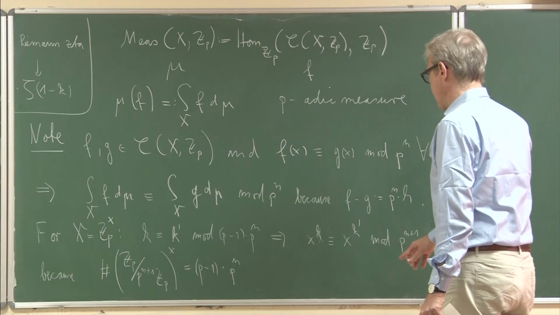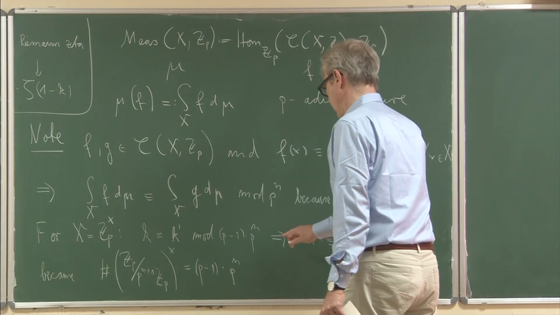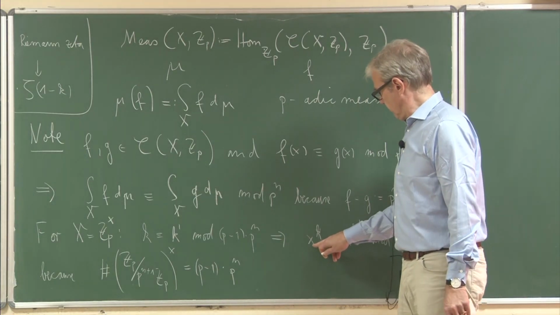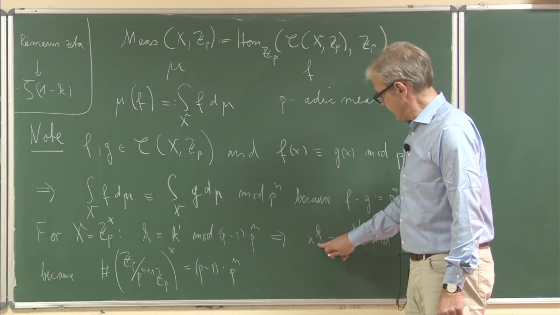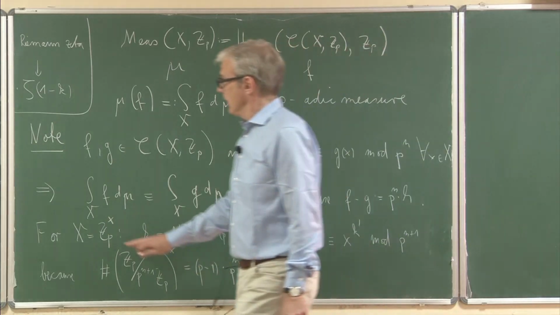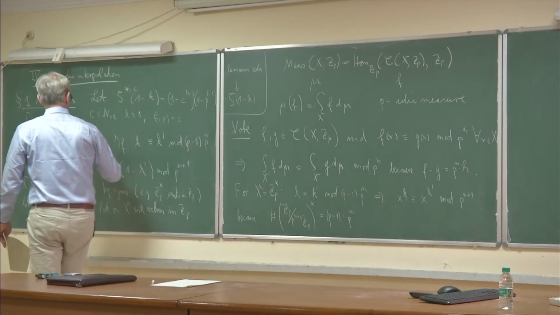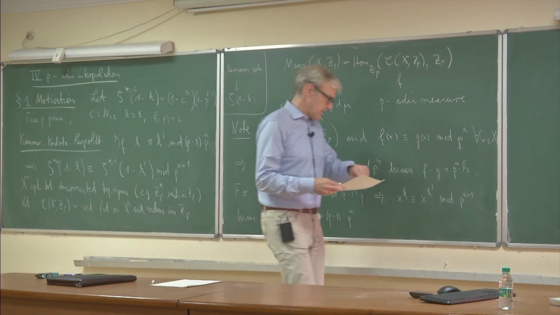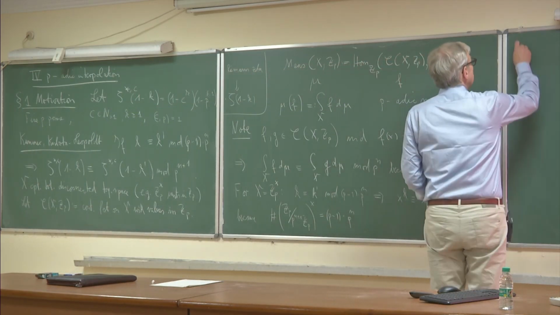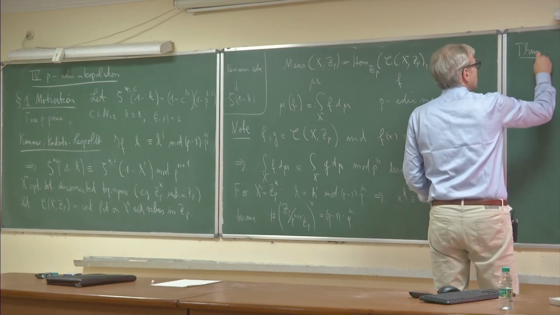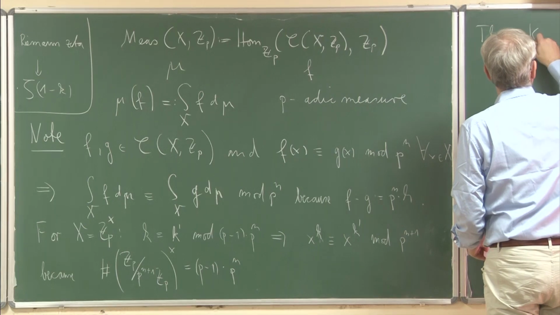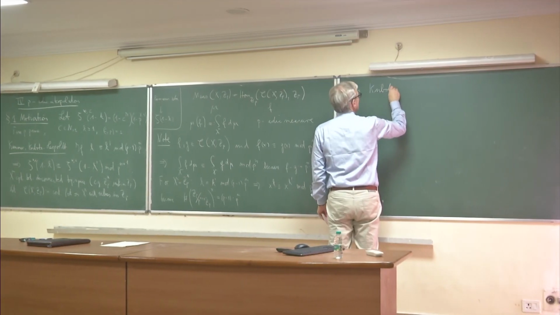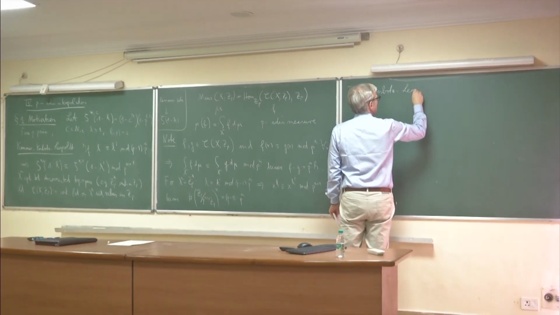And this then would imply that if we have a measure which, if we integrate it against these polynomial functions, we get exactly back the Kummer-Kubota-Leopoldt congruences, and that is indeed the case. So there's the theorem by Kubota and Leopoldt, formulated a little bit differently.